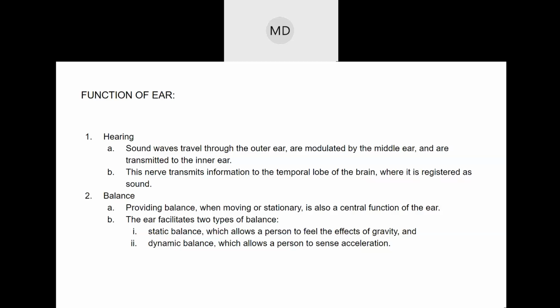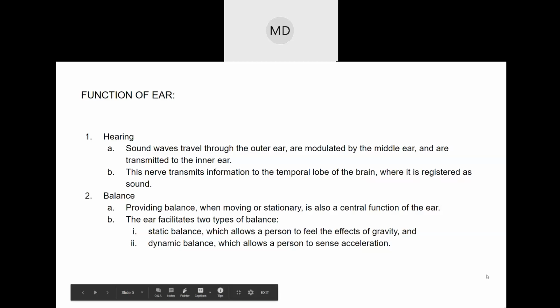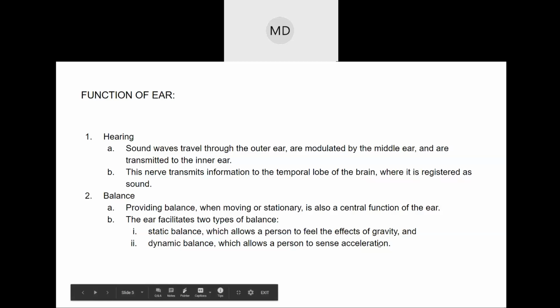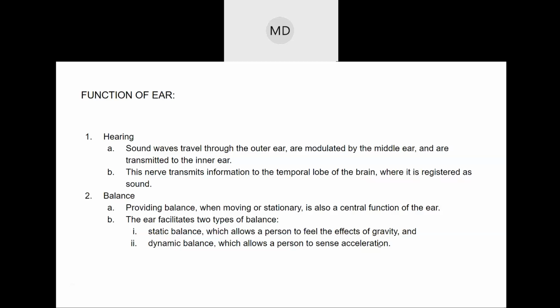Why is that? Because your body was moving along with the car. The car stopped, but the body is still moving because it can sense acceleration. That is the reason it takes a moment for the body to stop, so as soon as the driver presses the brake, your body doesn't stop and you move a little bit forward.